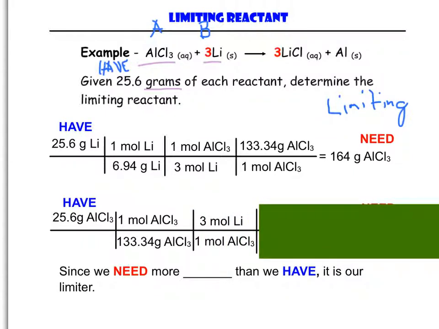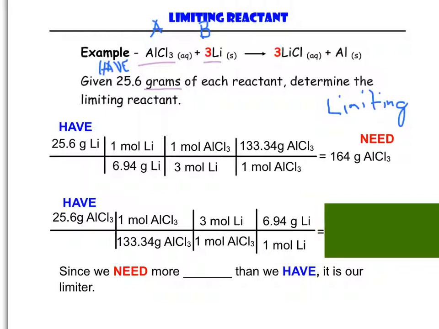There's 1 mole of aluminum chloride per 3 moles of lithium, and for 1 mole of lithium there is 6.94 grams. And please remember, your units should always cancel out. Always go through and double check those. So grams of aluminum chloride, moles of aluminum chloride, moles of aluminum chloride, moles of lithium, and we are left with units of grams of lithium.